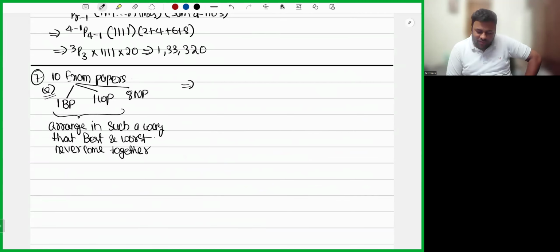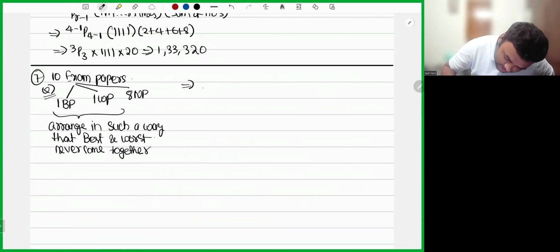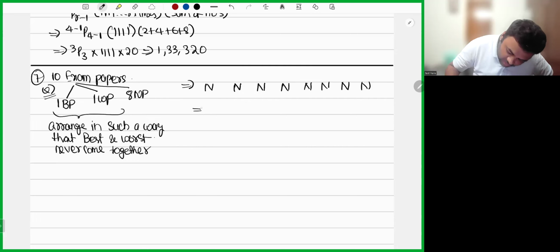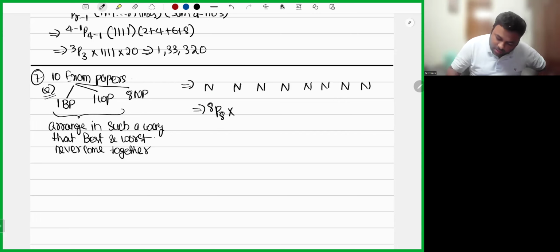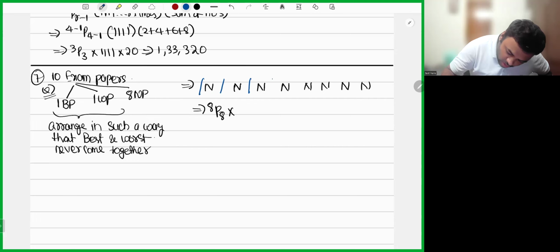So first I'll arrange the 8 normal papers in 1, 2, 3, 4, 5, 6, 7, 8. How will you arrange 8 papers in 8 places? In 8P8 ways. In between them, how many gaps are there? 1, 2, 3, 4, 5, 6, 7, 8, 9 gaps.